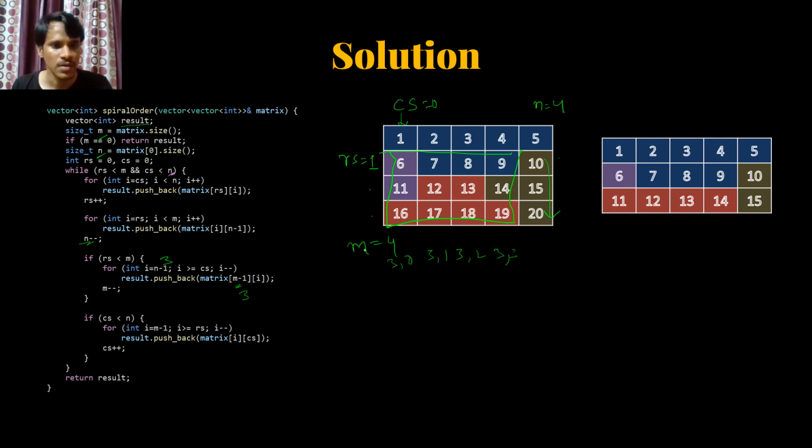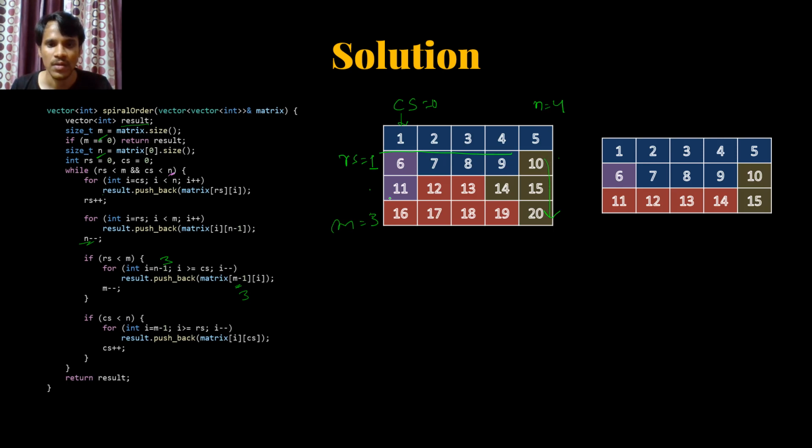Since row start is still less than m, in the last step m is decremented, so m now becomes 3.